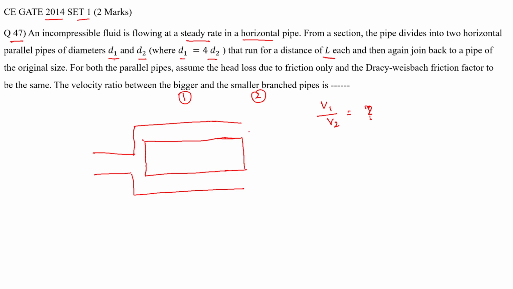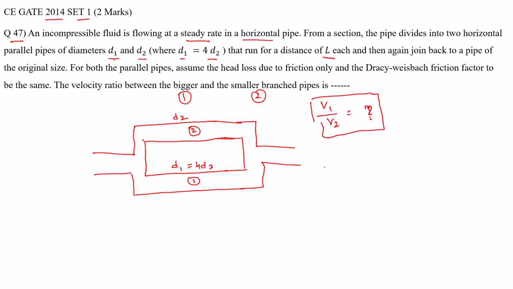Again, they joined the pipe back. Let's say this is one pipe, this is the second pipe, this is D2 and this is D1. They mentioned D1 equals 4D2. Now their interest is to compute V1 by V2.